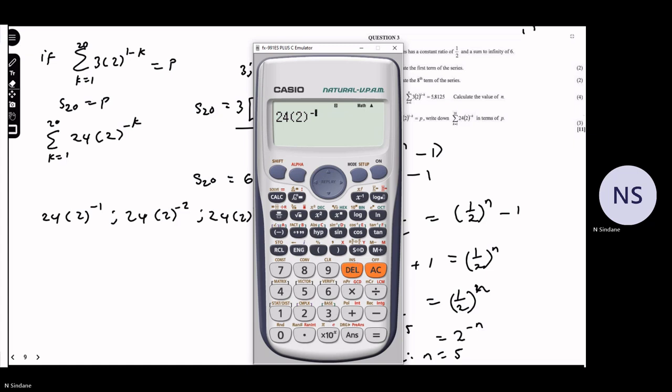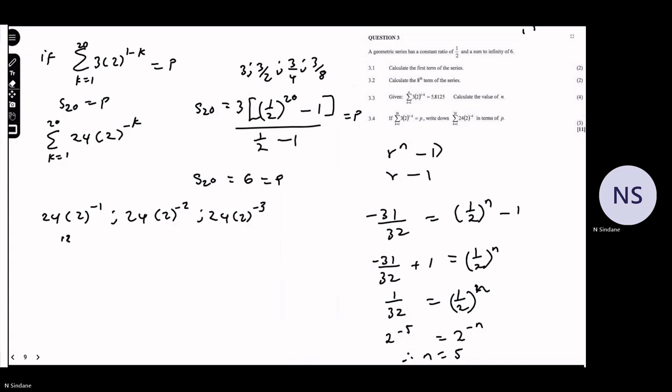Then negative 2 gives 6. Then negative 3 gives 3. So 12, 6, and 3. Right? And then r is equal to 6 over 12, which means r is equal to 1 over 2 as well.